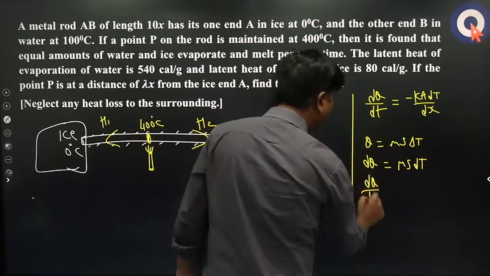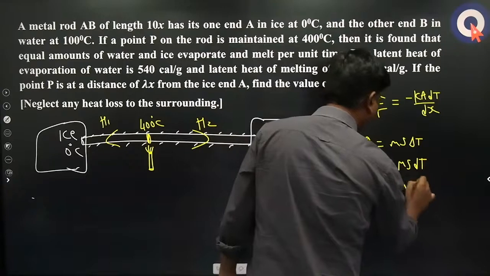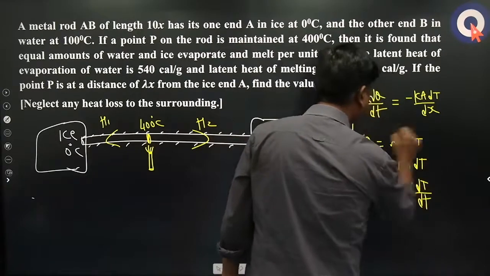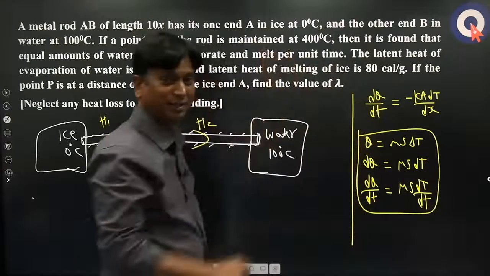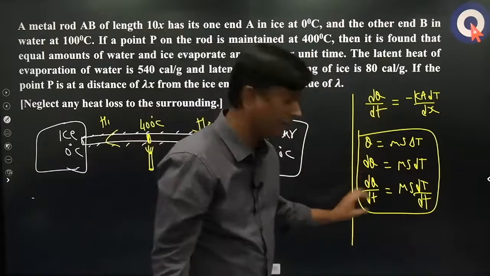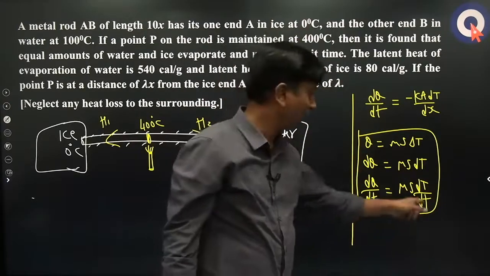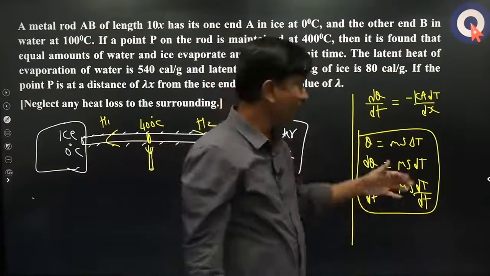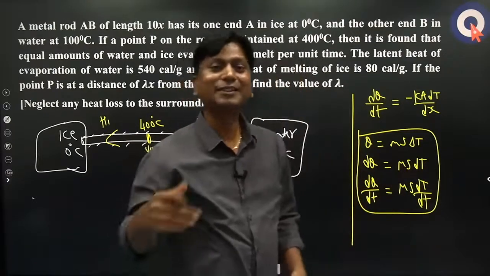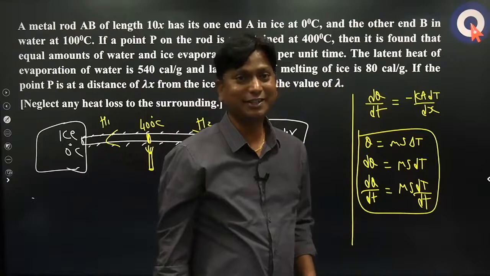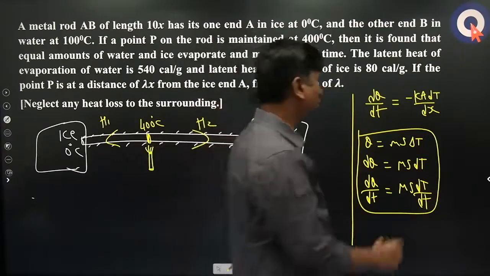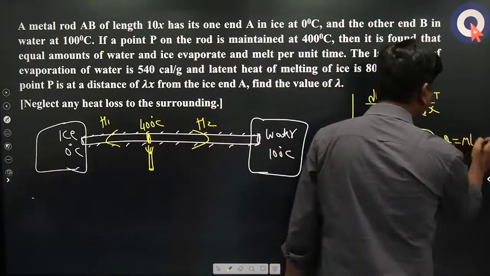So in differential form dQ = m s dT, so dQ/dt is equal to m s into dT/dt. This is for when temperature is increasing. The rate at which you are transferring the heat is equal to m s into dT/dt, the temperature of the object keeps on increasing with respect to time. Suppose the temperature is not increasing, rather the state is changing, right? The state is changing, so at that time you know that Q is equal to mL.